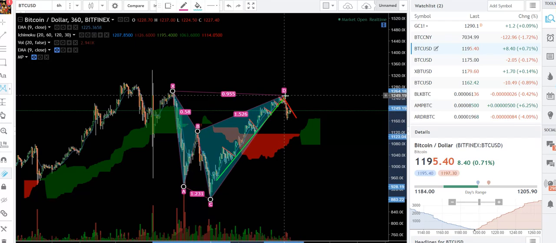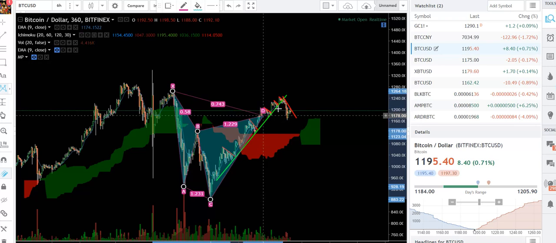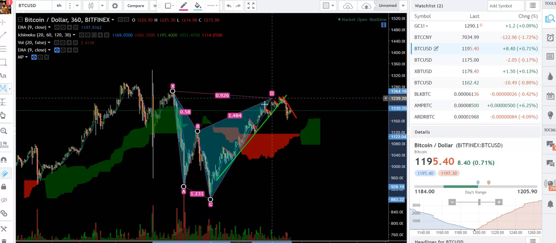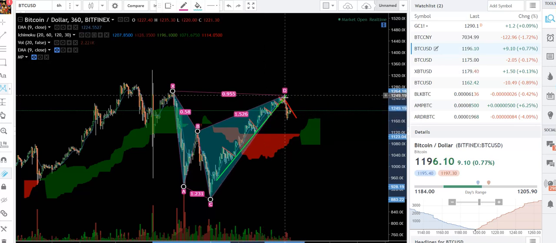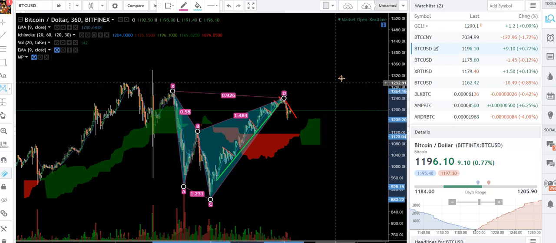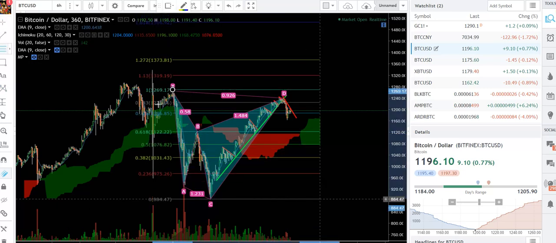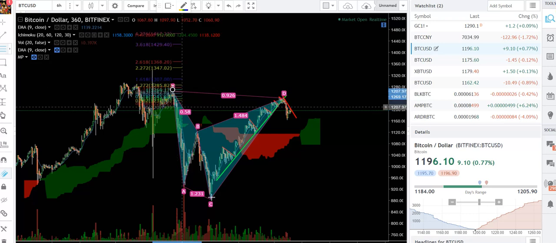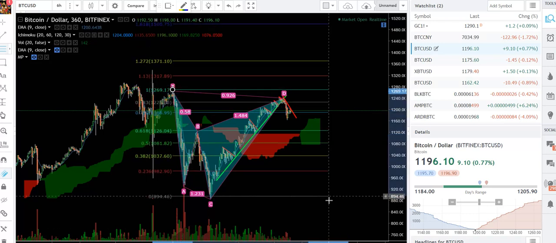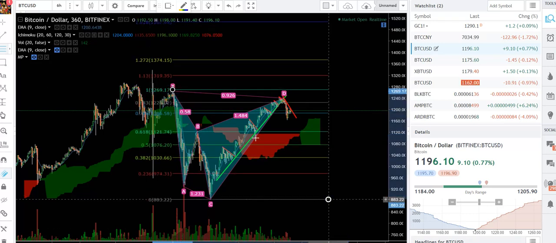Meaning that this run back up here only went to right here, basically 0.93, let's say. But what that really is an expression of is this high that we had over here to this low right here on the Fibonacci. We have some plots mapped out here.